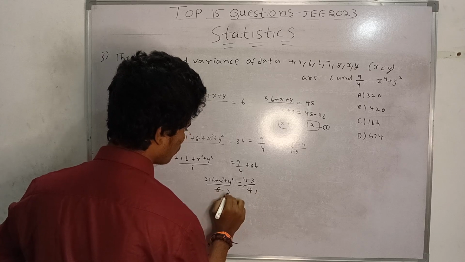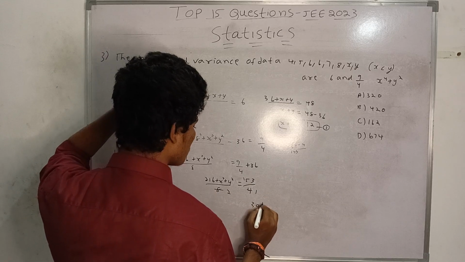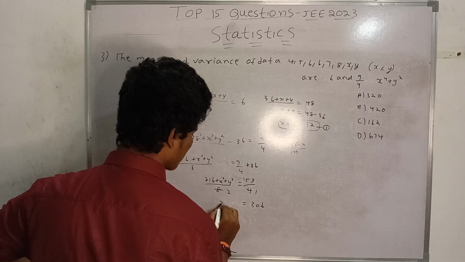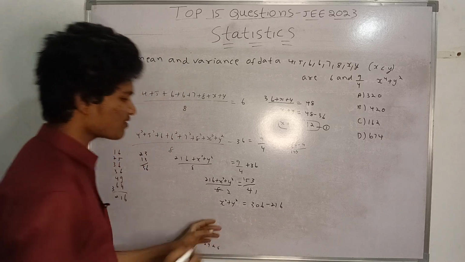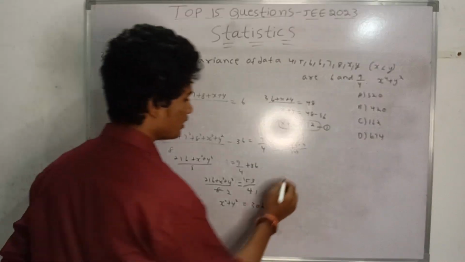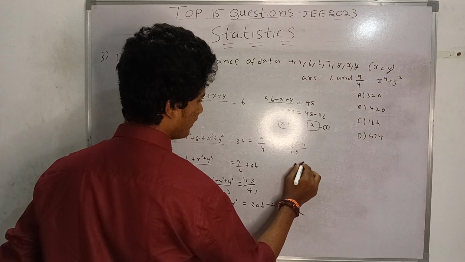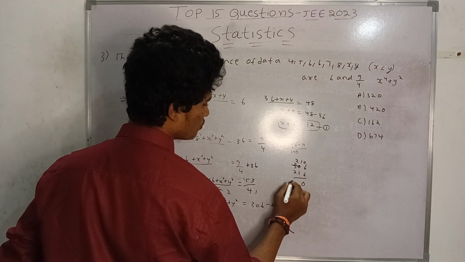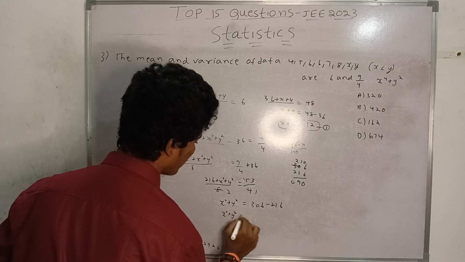It is 4 ones, 4 twos, and 153 twos are how much? That is 306. And x square plus y square equal to 306 minus 216, that is 90. So x square plus y square equal to 90.